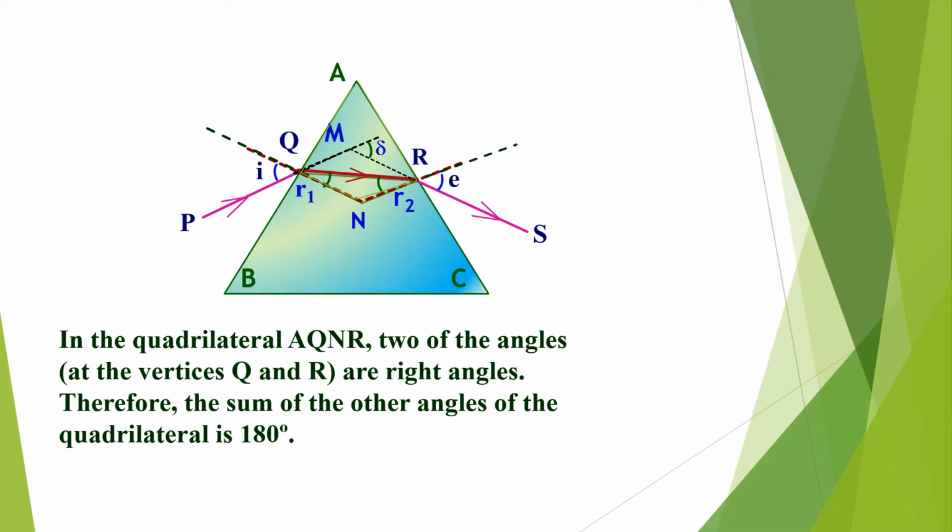N and M are the normal points joined, where AQNR is a quadrilateral, where AQN is 90 degrees and ARN is 90 degrees. Therefore, the total sum of the quadrilateral is 360, meaning 90 plus 90 will become 180. The remaining angle A and angle QNR should sum to 180 degrees.